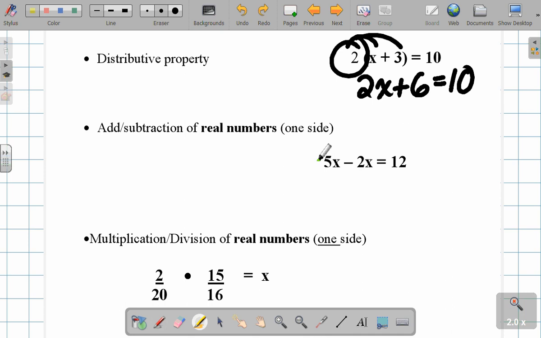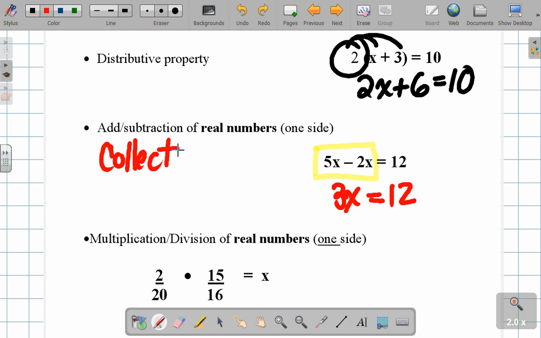I want you to go ahead and just box these 2 numbers together. You guys know that as collect like terms. The technical name, if you're adding or subtracting on one side of the equal sign, notice I'm only on one side here. That is called addition and subtraction of real numbers.